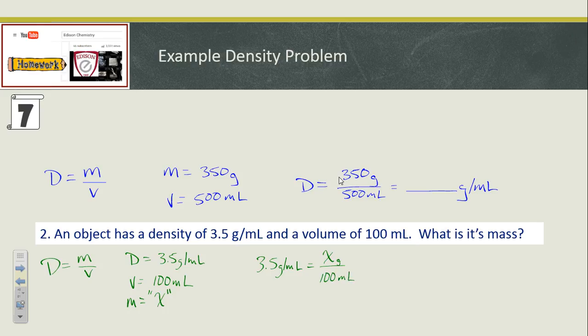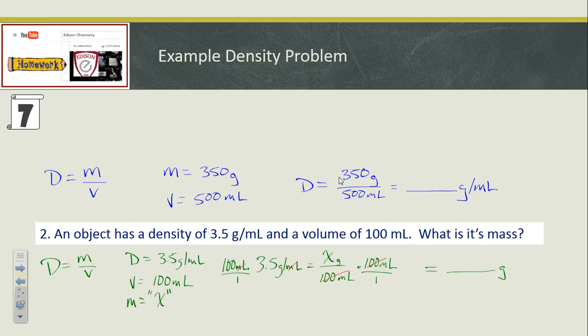To solve for this, you isolate x by itself, which means you're going to multiply both sides of the equation by 100 milliliters. Because in algebra, when you do one thing to the right, you got to do it to the left as well. In this scenario, it cancels out on that side. Let me put this over 1 just to make sure that we're all on the same page. Okay? The 100 mils cancels out on the right, and you're left with 100 mils times 3.5 grams per milliliter, which will turn out into an answer where the milliliter units will disappear, leaving you only with grams.